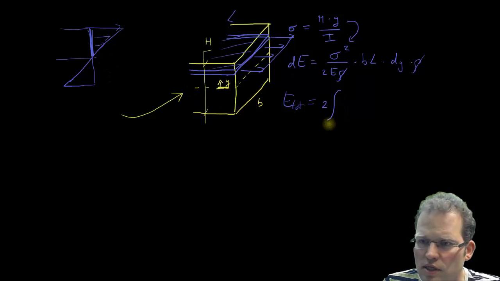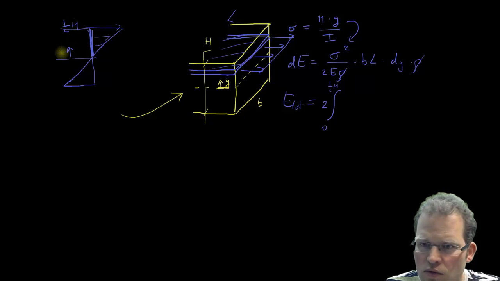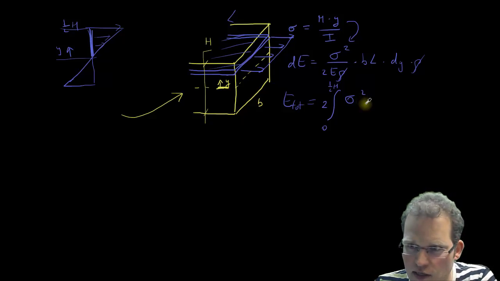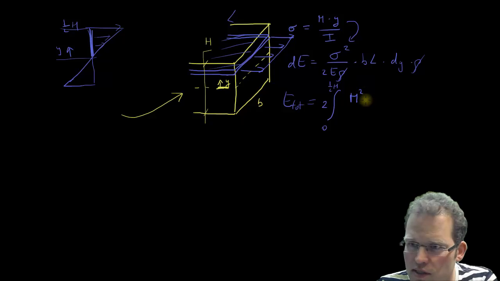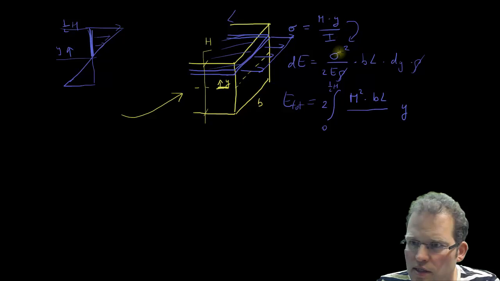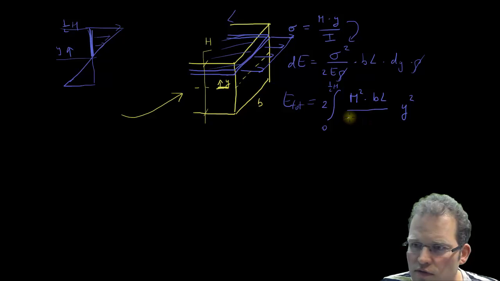So I will let it go, the integral from 0 to a half H. Let's do it directly: M squared times B L, let me take the y outside, the y is squared, and then we have 2 times E times the moment of inertia squared.